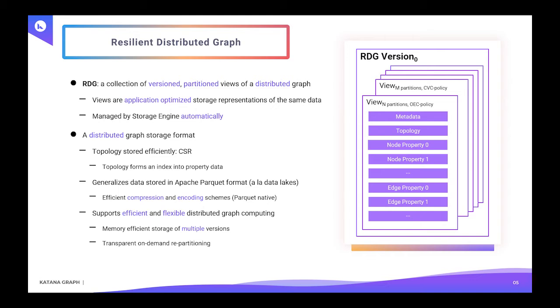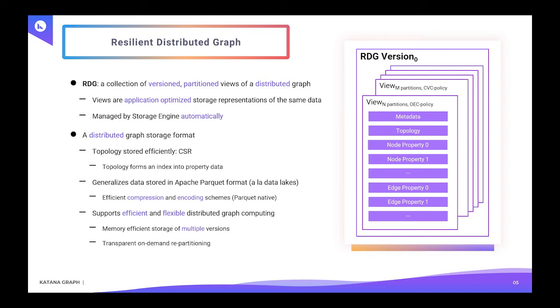Efficient graph representation is challenging because graph data is heterogeneous, dynamic, and massive. Our RDG format is essentially a collection of versioned partitioned views of a distributed graph. It's important that the views are optimized for target applications and the graphs, and they can be managed automatically.